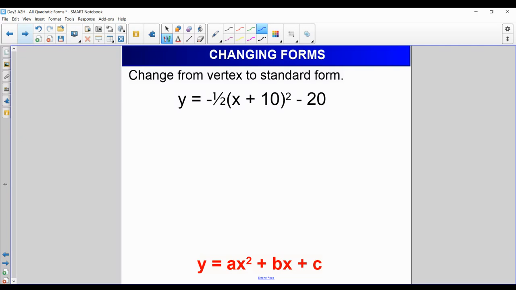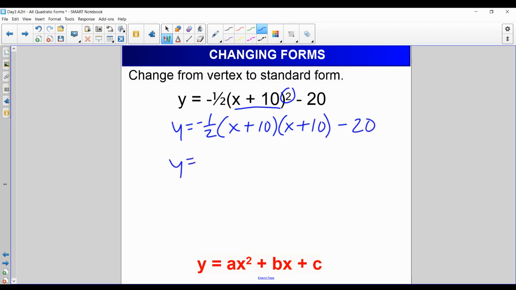If I want to go from vertex to standard form, it's very similar, and the only key here is remembering that if I have x plus 10 squared, it just means x plus 10 times x plus 10.